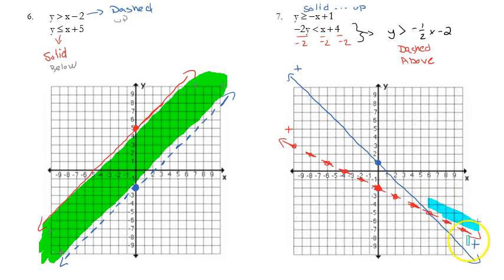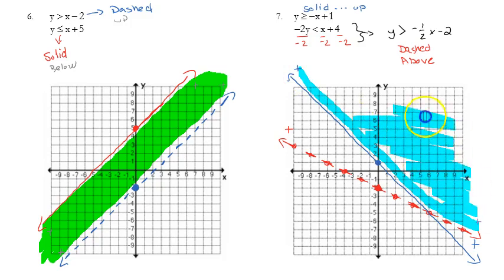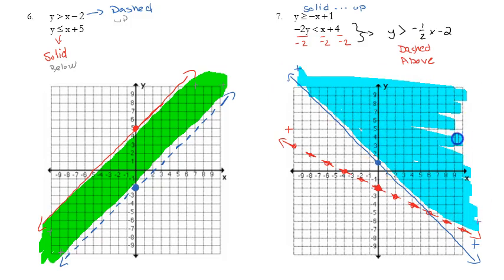If I go below, I'm no longer a solution. And above this blue, that puts this area up here as my shaded region. Go ahead and shade that in. And we're ready to try the last two problems.